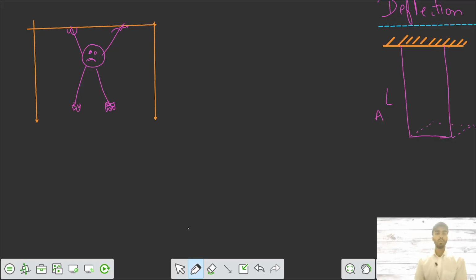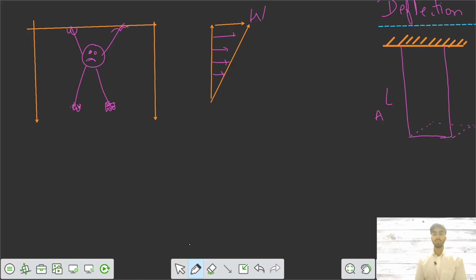Do you feel any pain in your legs? We would say no. Near the legs there is no force, but near the hands, in the shoulder region, you get more and more pain. So going upwards, the load is increasing, and the maximum is at your hands. All the load of your body is being carried through the hands to the bar. So the maximum load is at your hands.